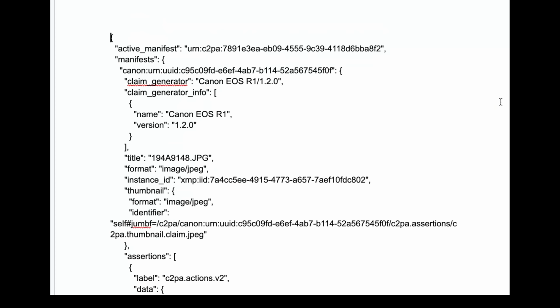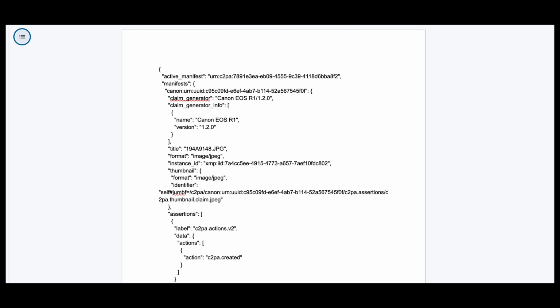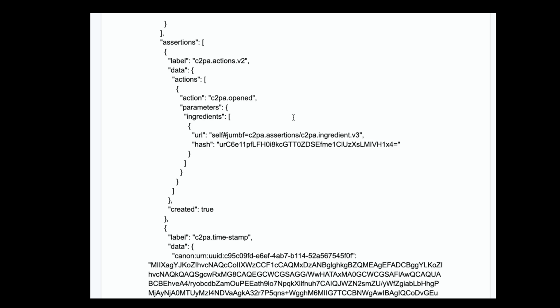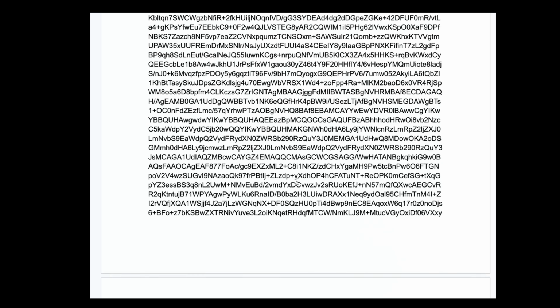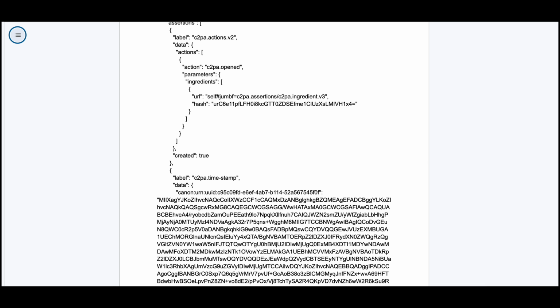By the way, if you dig deeper, you can also study the manifest or simply the data which are embedded into the photo. At a certain stage, you can go down and here are the things which are connected to the timestamp, and that huge amount of numbers and letters means that it's actually encrypted, so it can't be faked.